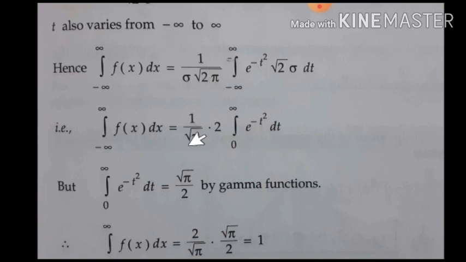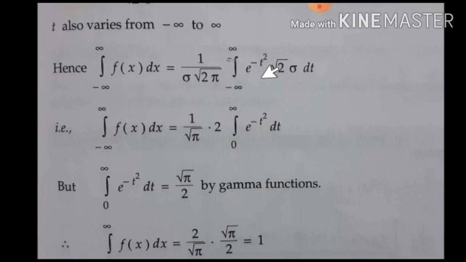1 by root pi, and the limit is changed from minus infinity to infinity into 0 to infinity. How is it changed? Because the function is even. Hence, we know the integral property that the integral from minus a to a of f of x becomes 2 times the integral from 0 to a of f of x if the function is even. That is the reason it is changed.